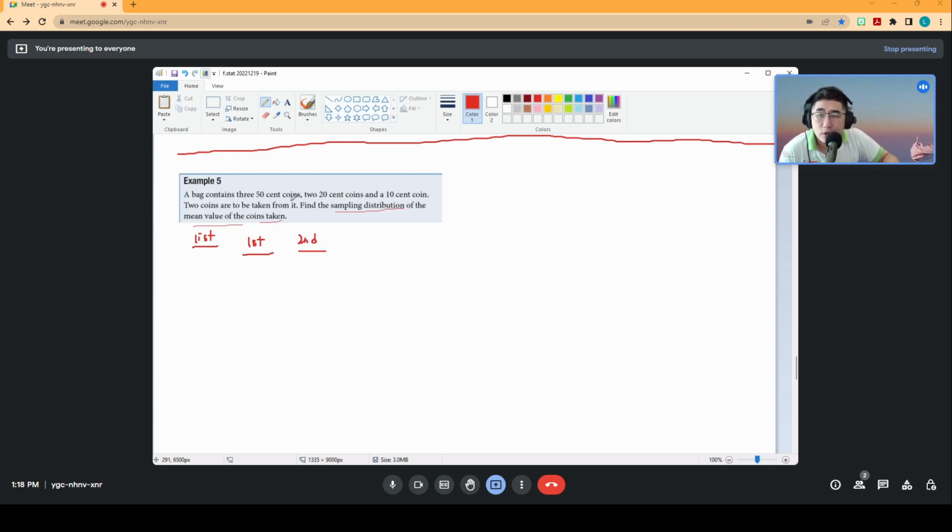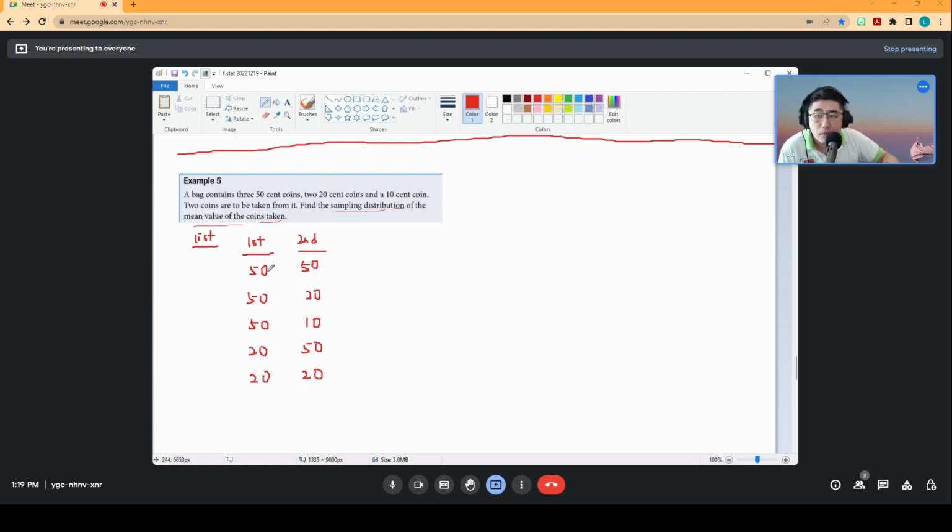The first coin, since it's a 50, we can have a combination of 50 with 20, 50 with 50, 50 with 50, 50 with 20, 50 with 10. We can have 20 with 50, 20 with 20, because we have two of them.